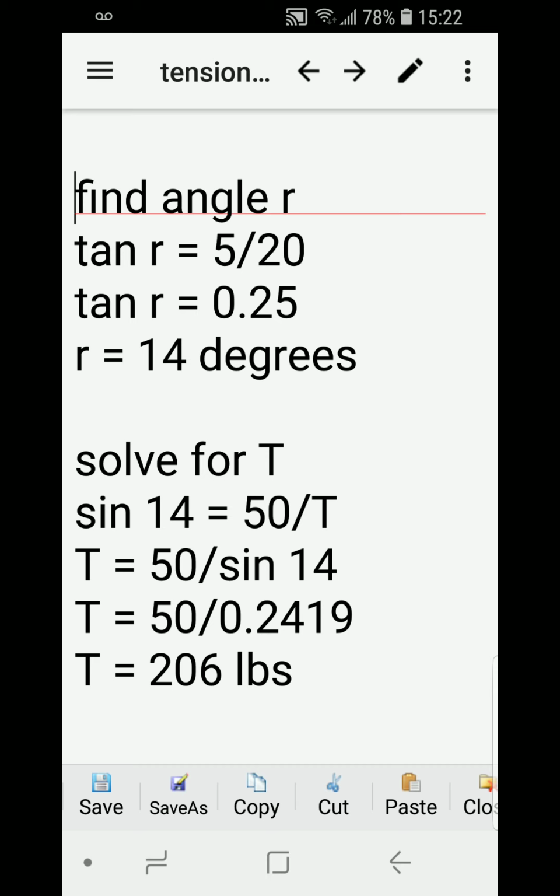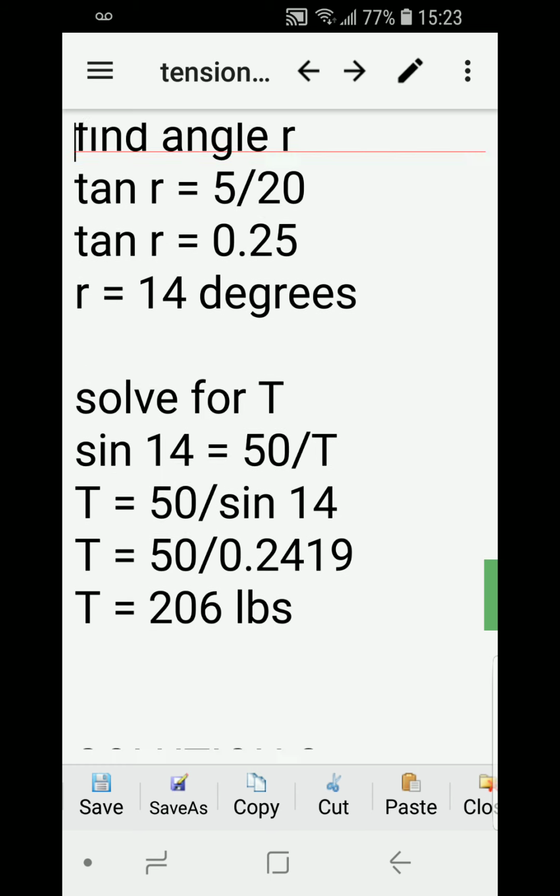So tangent R is equal to 5 divided by 20. We solve using our calculators. We find tangent R is equal to 0.25, and so we find angle R to be 14 degrees.